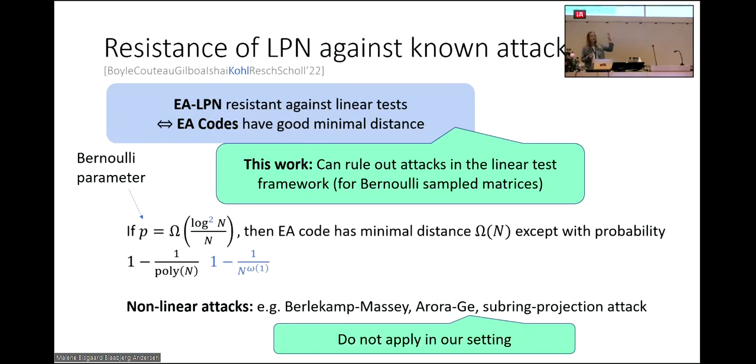This also generalizes to larger fields, and it's also plausibly true over rings, even though we don't have the analysis. And this of course doesn't mean that there are no other attacks, but it is some theoretical foundation of why we believe this to be a good assumption.